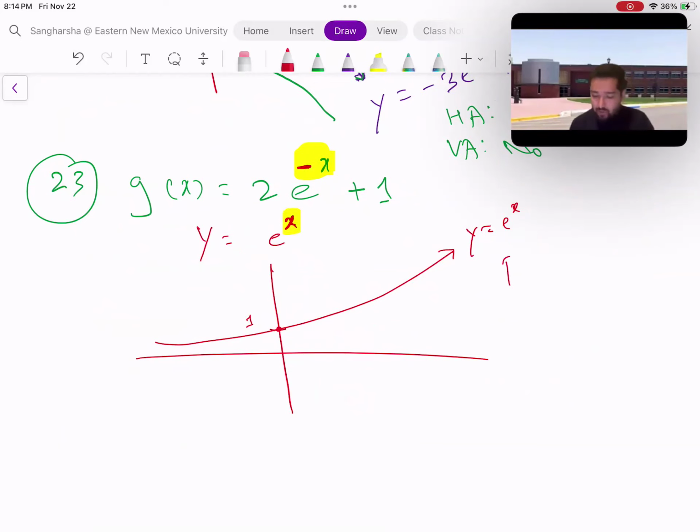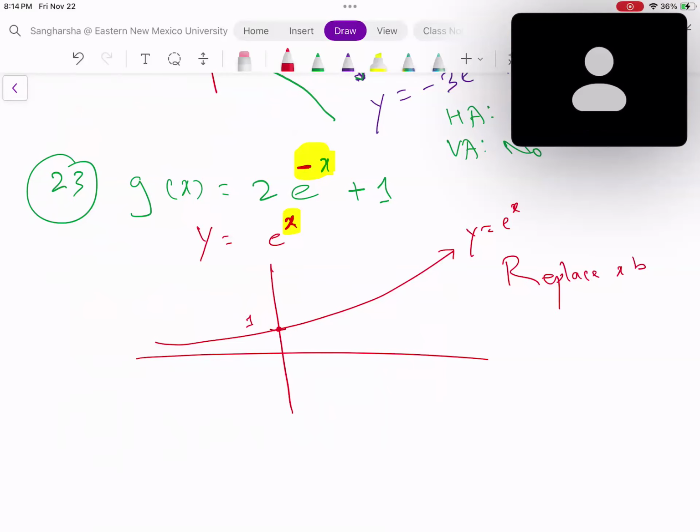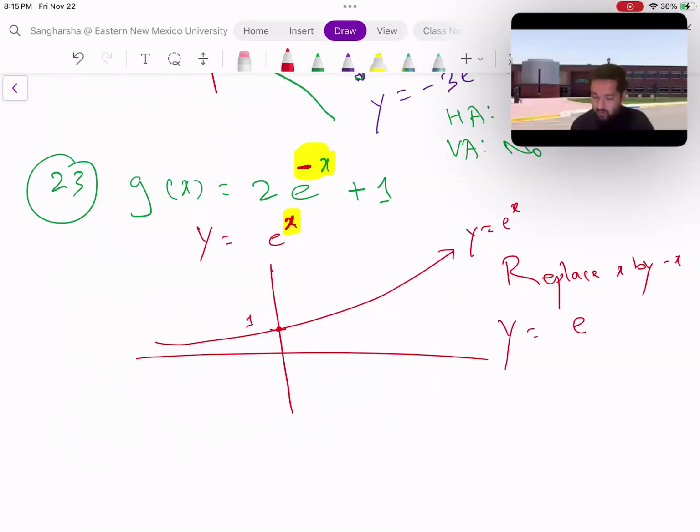So you replace x by negative x. So we have y equals e to the power minus x, and you can just multiply by 2. It's a stretching, so it really doesn't matter. Now, if you are replacing x by negative x in a function, how does the graph transform? What is the transformation here?